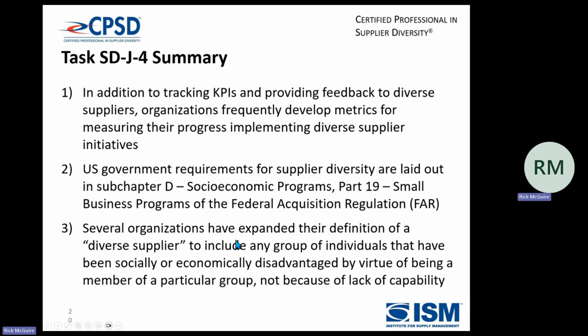Several organizations have expanded their definition of a diverse supplier to include any group of individuals that has been socially or economically disadvantaged by virtue of being a member of a group, not because of lack of capability. It's up to the organization as to who they want as a diverse supplier and what their definitions for them are. All right, let's go find some questions.